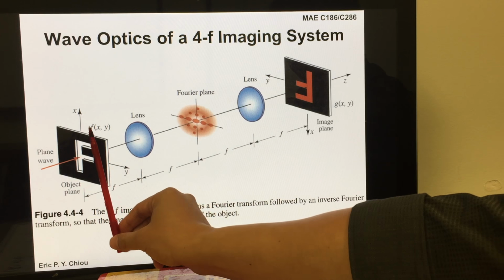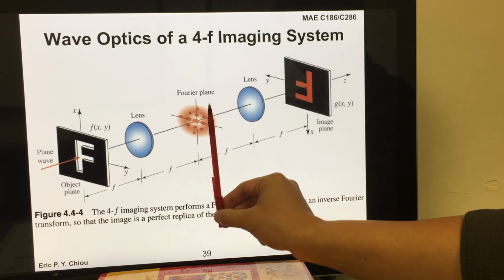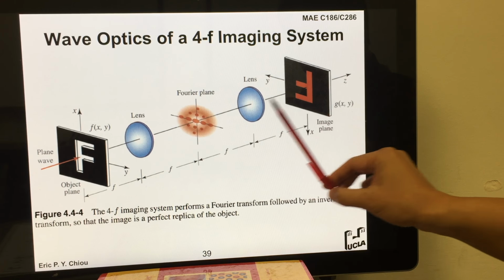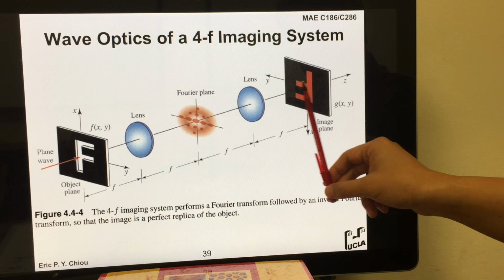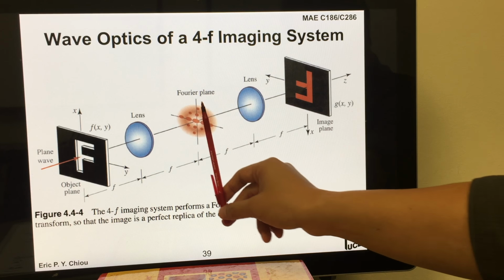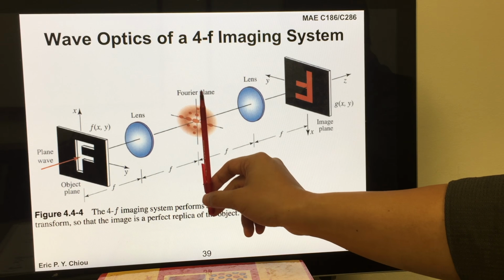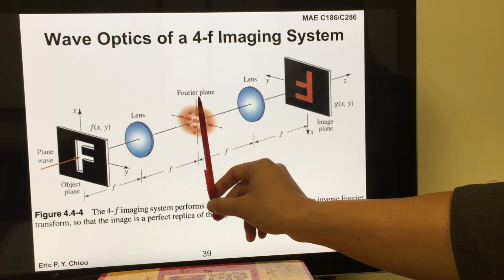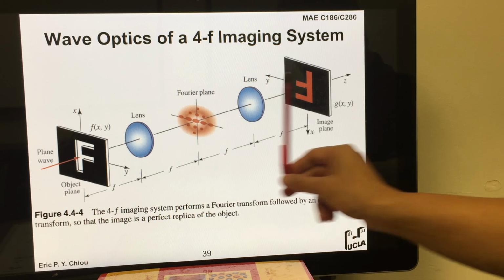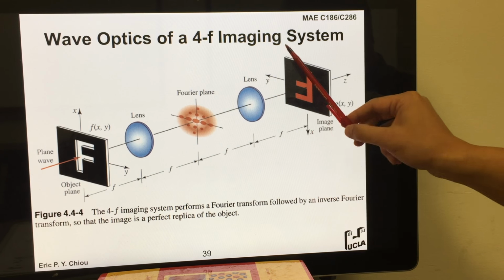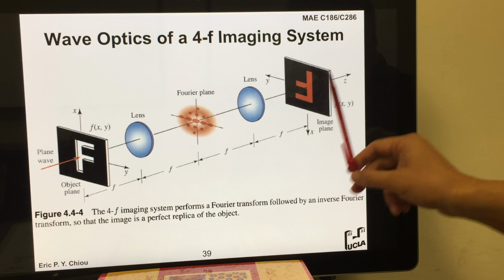So here, if you do two Fourier transforms, you just have that kind of two minus sign effect, okay? If you want to reconstruct this image, you're supposed to have an inverse Fourier transform, but instead you are doing another Fourier transform, okay? So that's the optical image you will get.